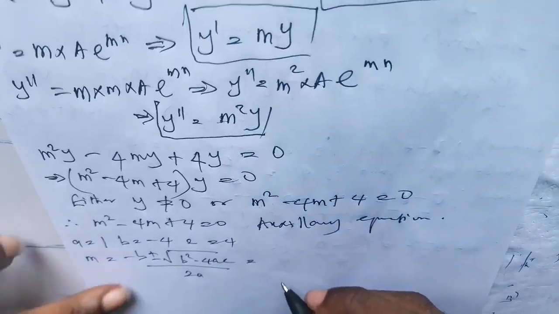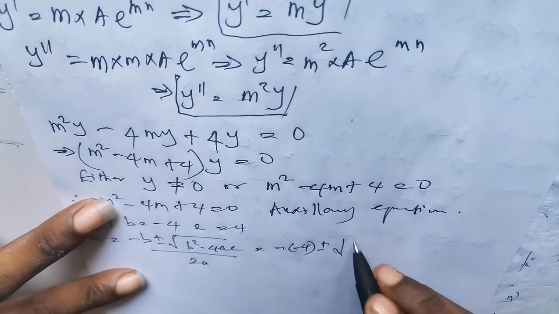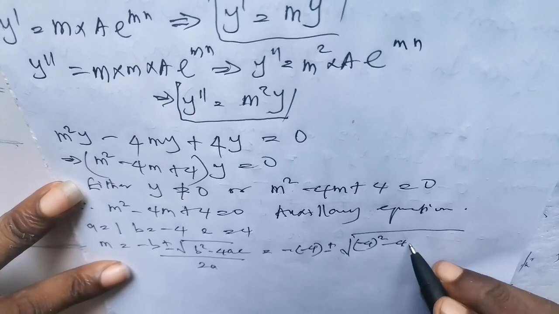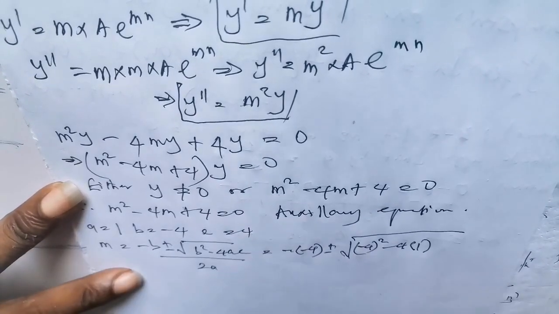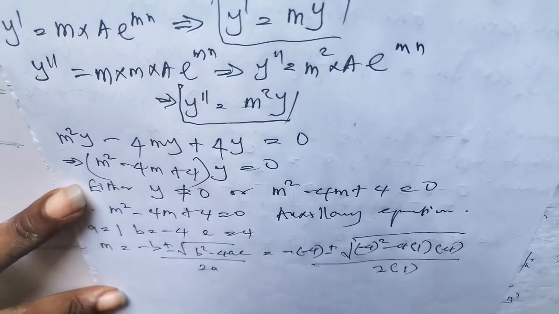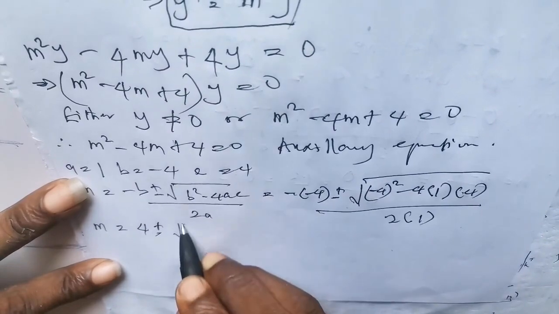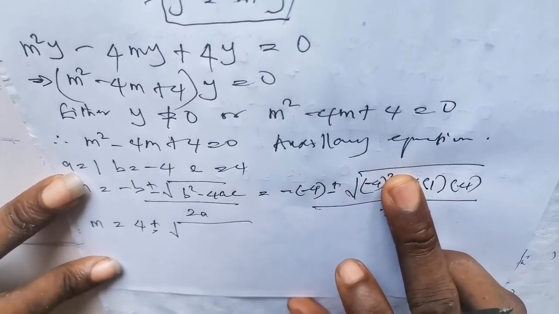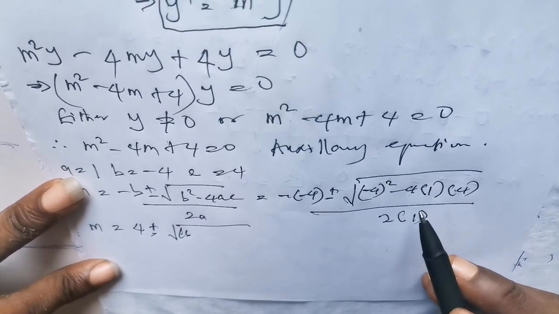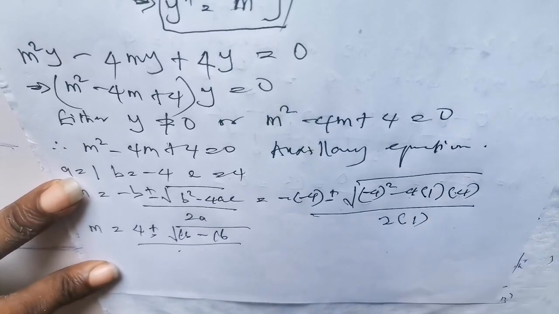So this is equal to minus b, and b is minus 4, so it becomes 4 plus or minus the square root of b squared, which is minus 4 all squared, that is 16, minus 4ac, which is 4 times 1 times 4, that gives me minus 16, all over 2a. A is 1, that's 2 times 1, that's 2.